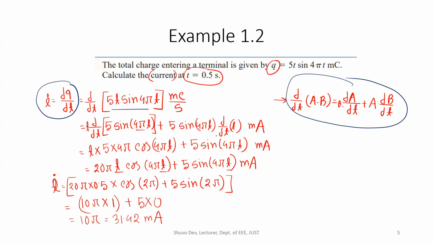Now we implement this, and implementing this we got this, but we need to calculate the current for 0.5 second. That's why we use 0.5 in every t, and finally we got this 31.42 milliampere. This is the answer for example 1.2.